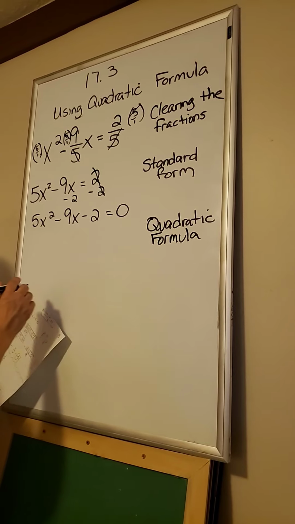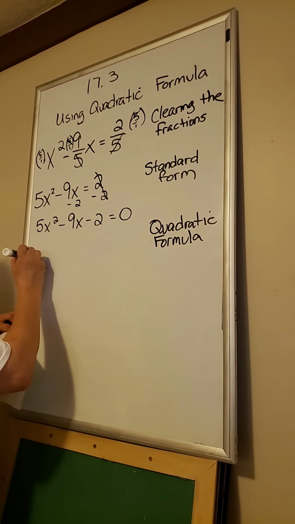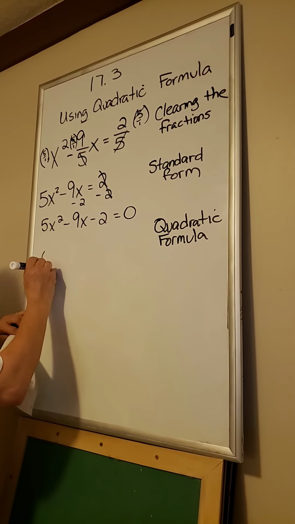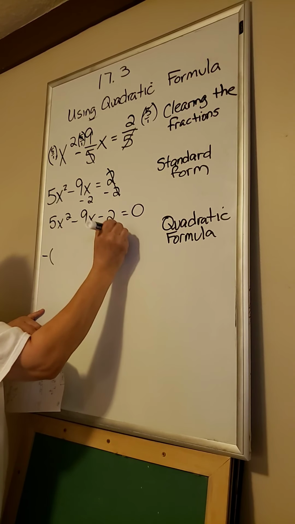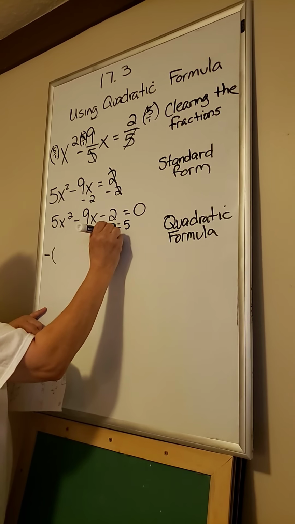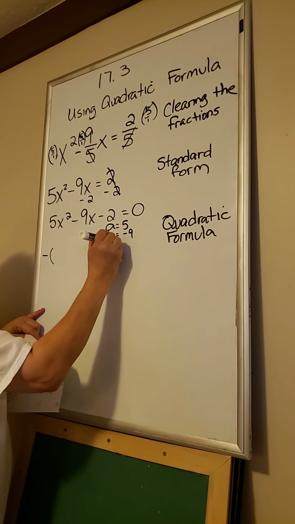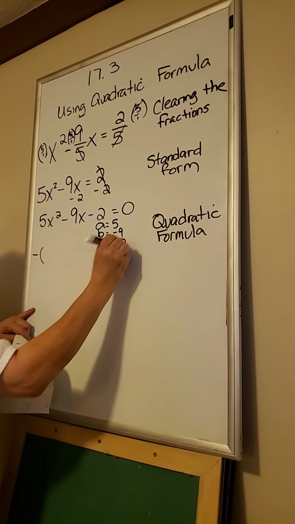Okay, so the quadratic formula, when we substitute things in, we've got to define our a, which is 5, our b, which is -9, and our c, which is -2.